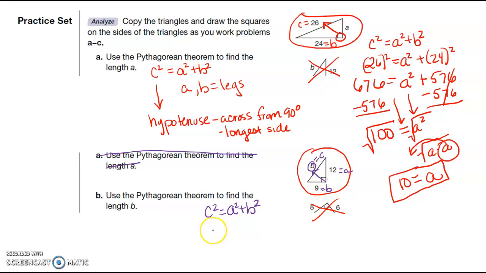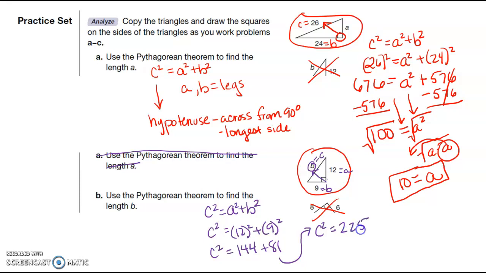It's C that's important. So that's going to be 12 squared plus 9 squared. 144 plus 81. Come over here. C squared is equal to 144 plus 81 is equal to 225. And now I have to remember to square root it. C is equal to 15.